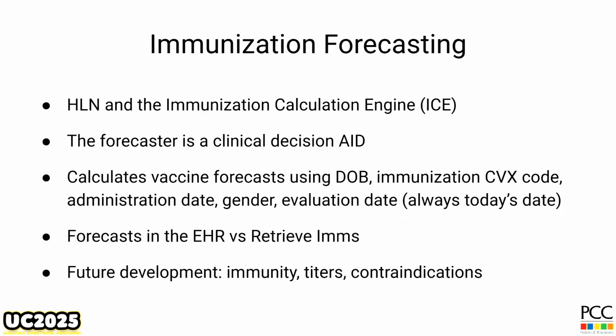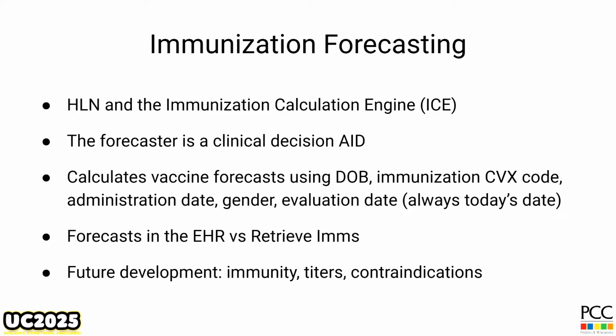Nope. There we go. So immunization forecasting, we did brush up on that early on before the break. HLN is the company that we work with that has the forecaster called ICE, the immunization calculation engine. I'm reiterating what we covered earlier. It's a forecasting aid.